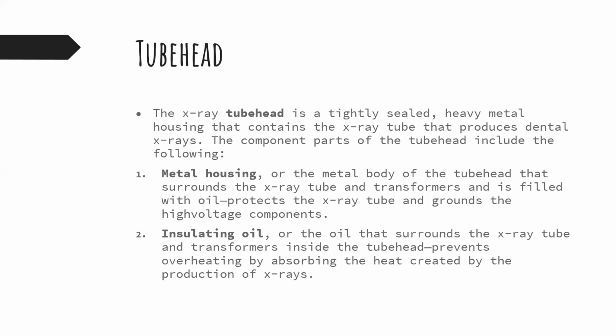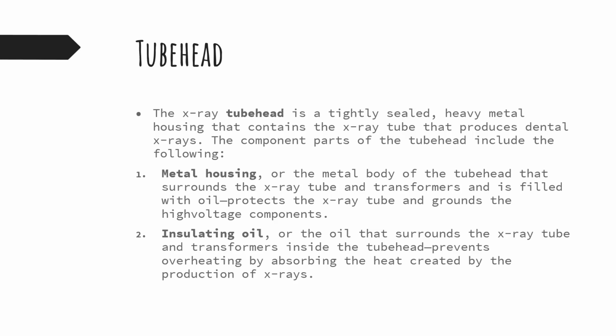This is a tightly sealed heavy metal housing that contains the X-ray tube that produces the dental X-rays. And the component parts include the metal housing. This is basically a metal body of the tube head that surrounds the X-ray tube and the transformers within it. And it is filled with oil that protects the X-ray tube and grounds the high voltage components, right?